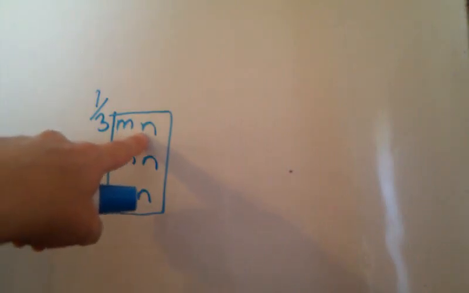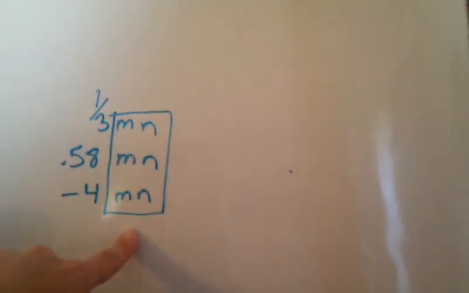Are these like terms? What do you think? Remember, look at the variables. All of these variables are exactly the same, mn. So these are like terms. It doesn't matter what the numbers are, as long as the variables are exactly the same. Okay, let's go to number 7.